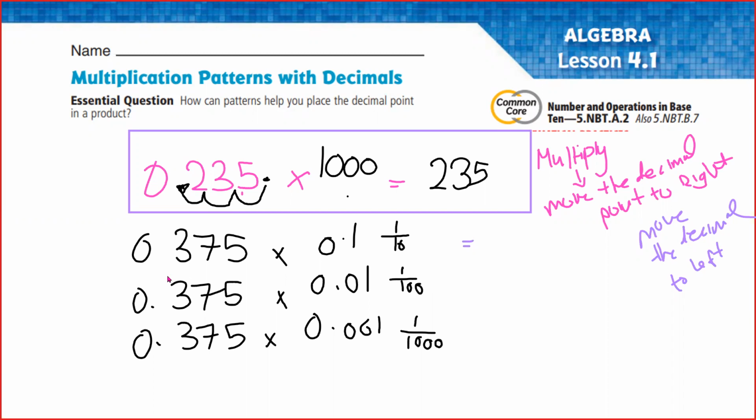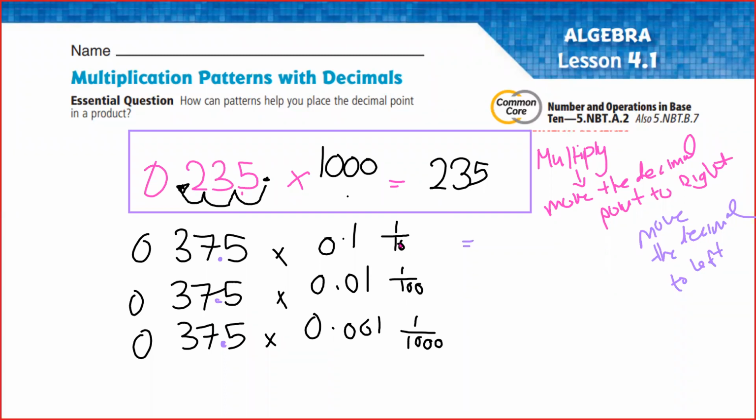As an example, if there's a decimal point here. The first case, multiply by 0.1, is the same as multiply by 1/10 or divide by 10. That's for you in grade 5.